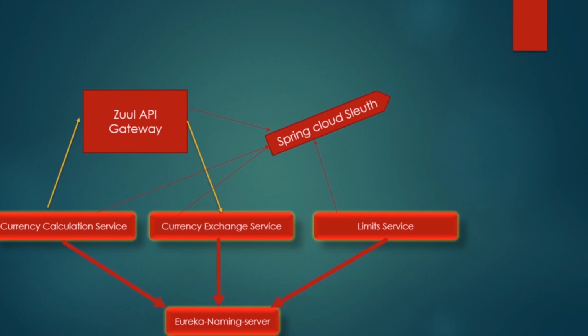Spring Cloud Sleuth will assign this request ID, and all the logs from all of these microservices will be stored in RabbitMQ, and we will be sending those logs to a Zipkin distributed tracing server. I hope it is clear why we need a Zipkin distributed server, so that we can trace each of the requests individually and have a common logging for our common goals.